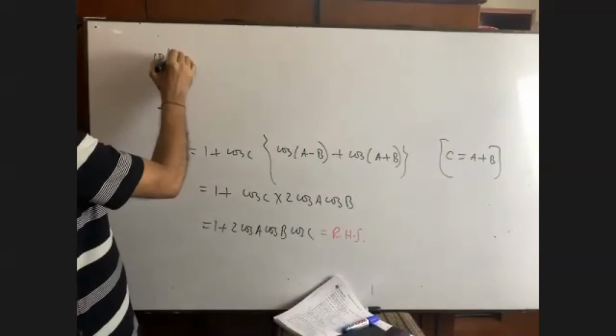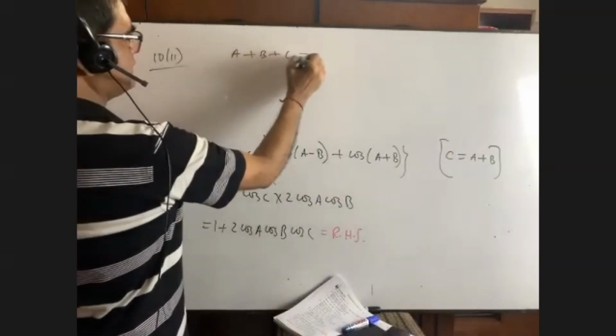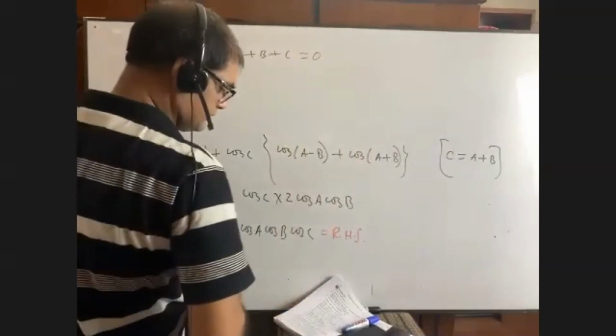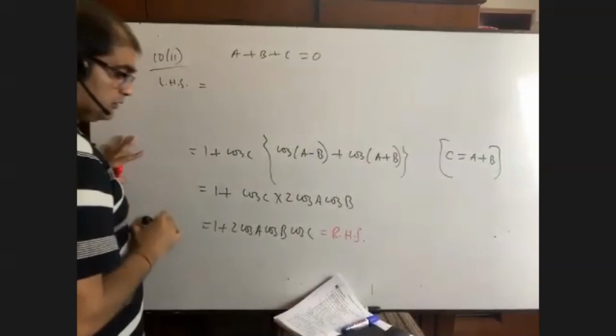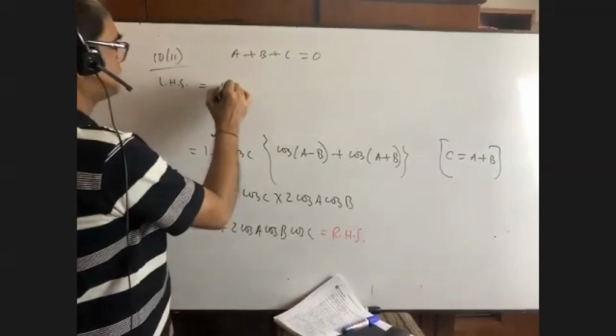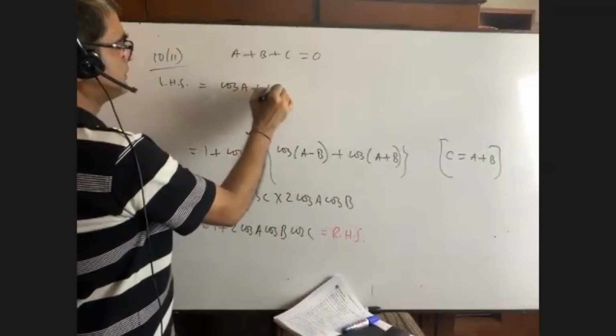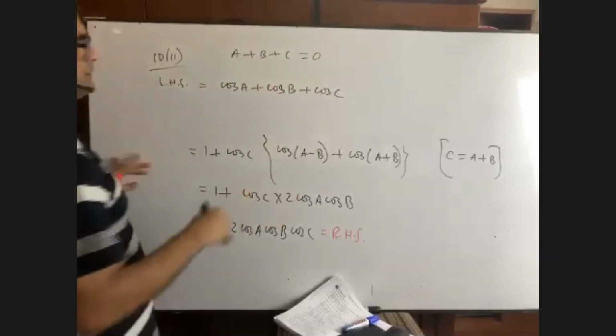It is given A plus B plus C is equal to 0. Now the left hand side is equal to what? cos A cos B cos C. Do it.